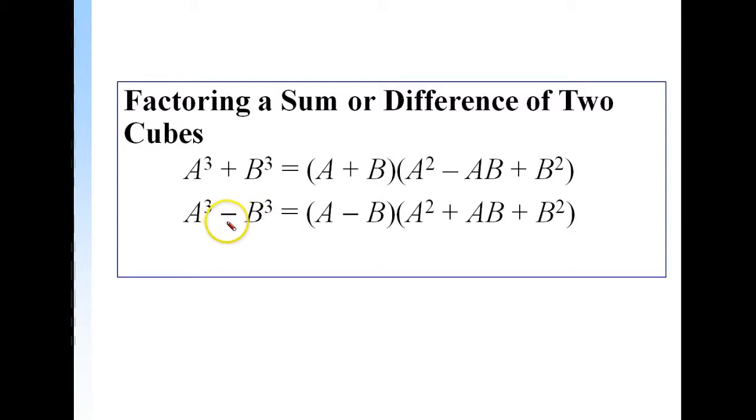Now the recipe for doing it, and you'll probably have to take some notes on this, is you put a set of parentheses for two terms and a set of parentheses for three terms. So one's a little smaller than the other. And this is the same for both of them.